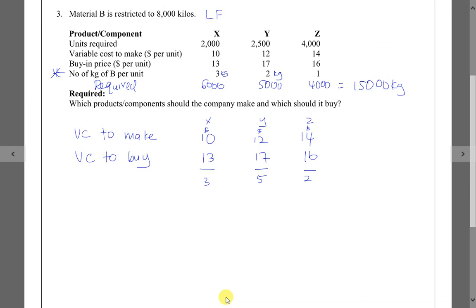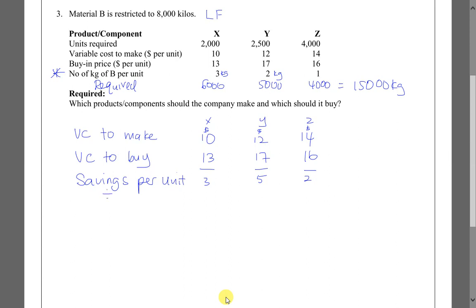So if I make, it will result in a savings per unit. Do I make the decision based on per unit? No. Just like contribution per unit, we don't base on contribution per unit. Cannot. So what do I do after savings?